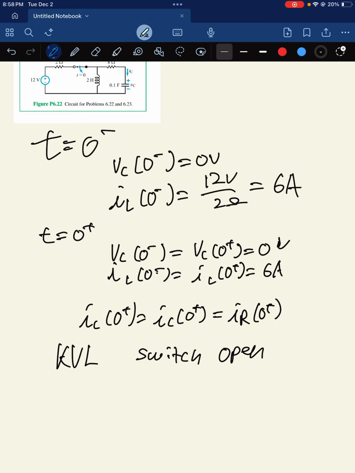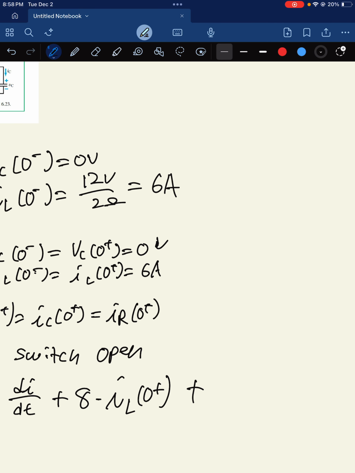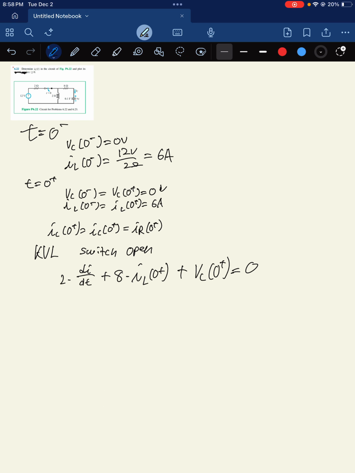It's going to be 2 times di/dt plus 8 times IL 0 plus, plus VC at 0 plus is equal to 0. Now we already know what IL 0 plus and VC 0 plus are, so we can just plug that back in.